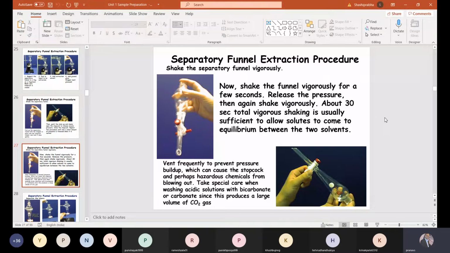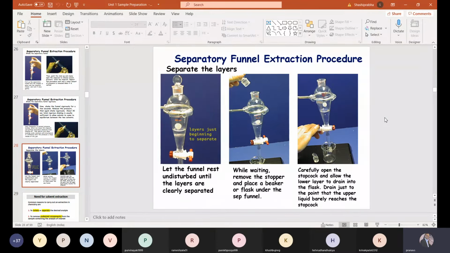So now looking at the environmental concerns, this entire thing has been miniaturized into a very small vial, because these separatory funnels can take in about 20, 30, 40, 50 ml of liquid. So when the phases are separated, you have kept it for some time, and then when the layers are separated, one can drain the liquid.